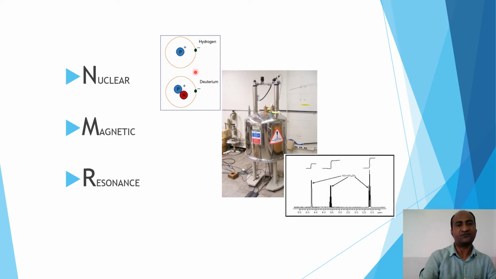Due to the resonance, it will absorb the energy and move to a higher energy level, and when it returns back, that absorbed energy is recorded in terms of the spectra. So this is the meaning of nuclear, magnetic and resonance.